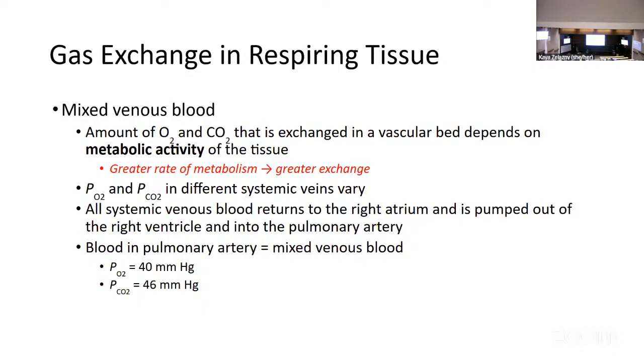We could see some differences from these kind of textbook values. We know that different tissue is going to be more or less metabolically active at different times. If you're using a muscle, it's going to be using more ATP and generating more ATP than if you're not. That's why we're paying attention to the mixed venous blood, and that's why it's labeled like that. It's because we want to have a nice, easy number to look at in general for the whole body.